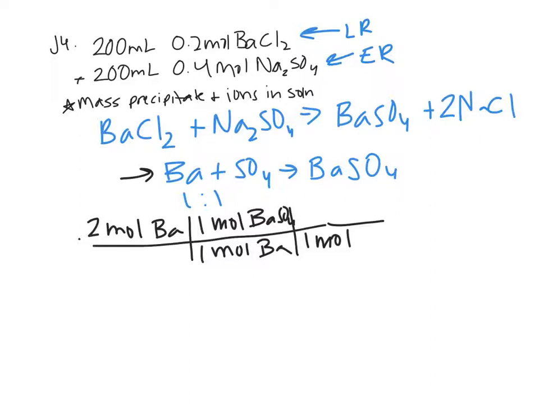We have to calculate the molar mass, or Google it if we're lazy, but you should remember how to calculate it. It's 233.38 grams. Times this by 2, and we get 46.7 grams of barium sulfate.